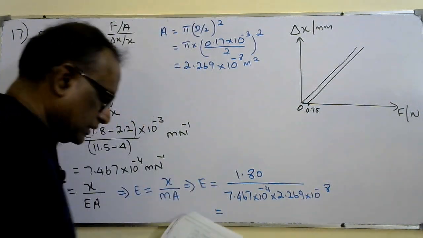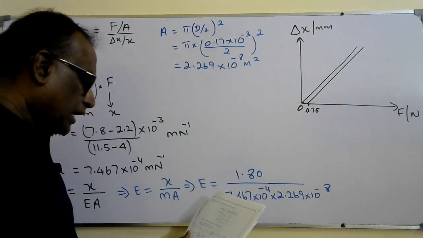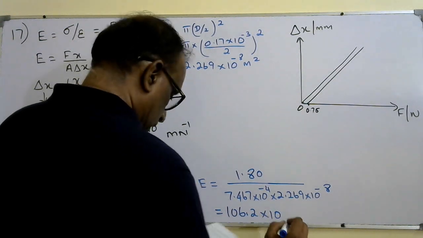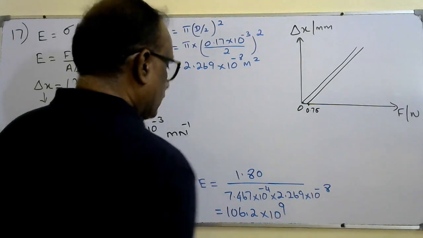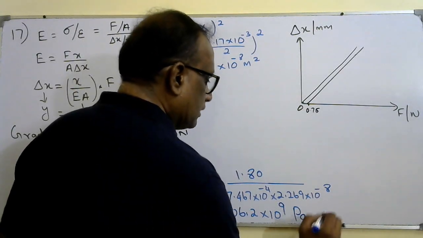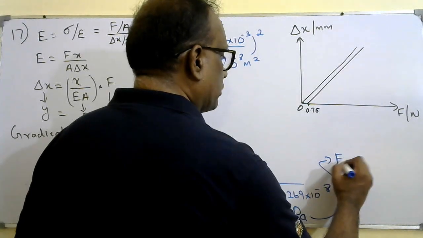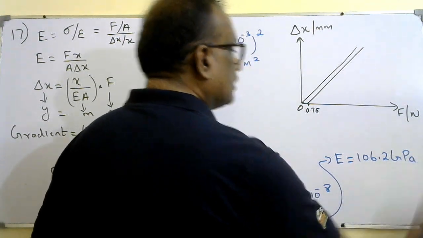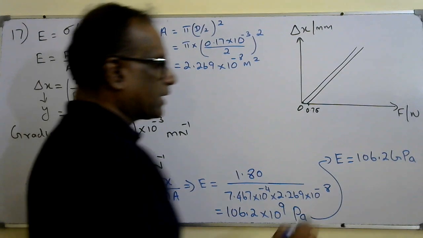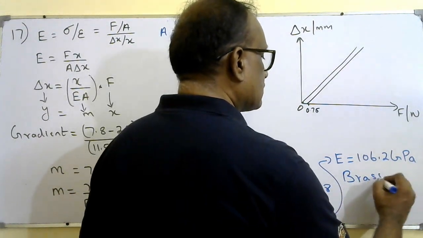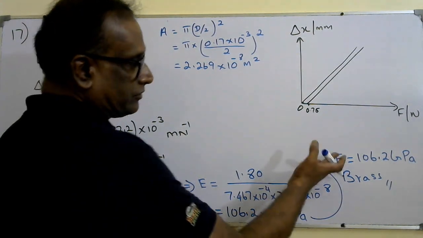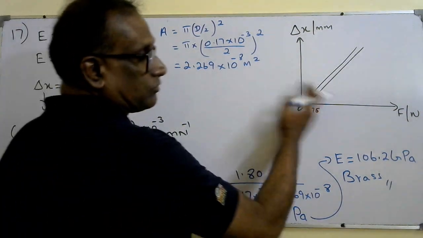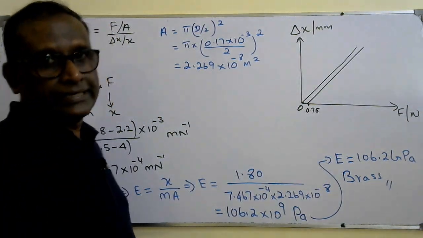So the Young modulus you will get 106.2 10 to the power 9 Pascal. That is, the Young modulus is 106.2 gigapascal. Now check it with the table given. 106 is brass, so the answer is brass. They asked to identify the material. So in terms of Young modulus, the material used is brass. The advantage of taking gradient is we can eliminate the systematic error.